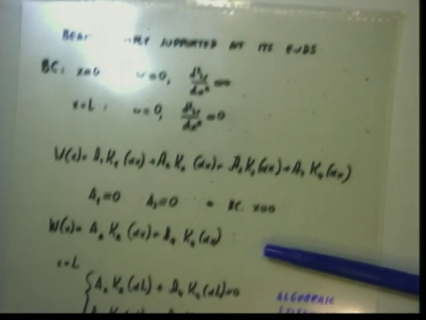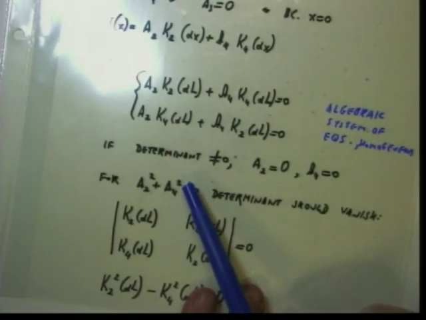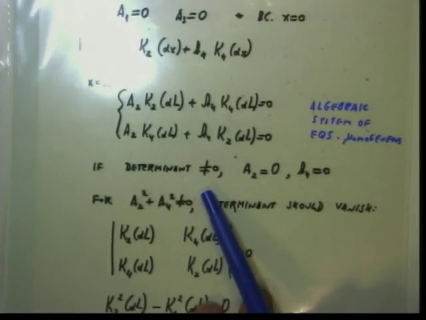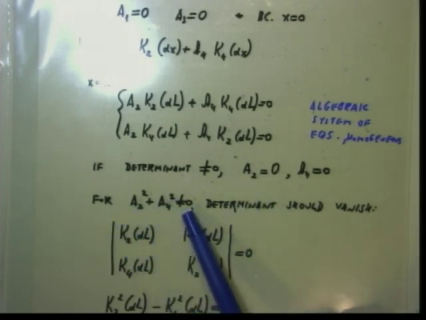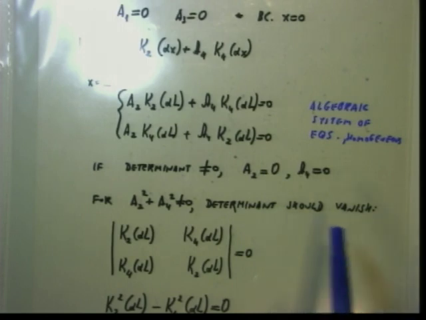So therefore the determinant must be 0. So for A2 squared plus A4 squared not 0, meaning A2 is not 0 and A4 is not 0 simultaneously, the determinant should vanish.